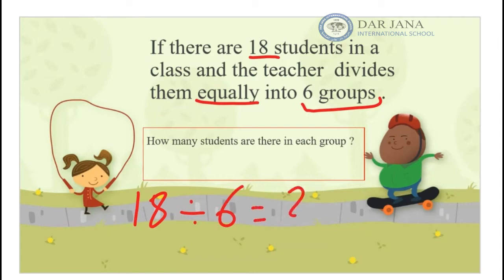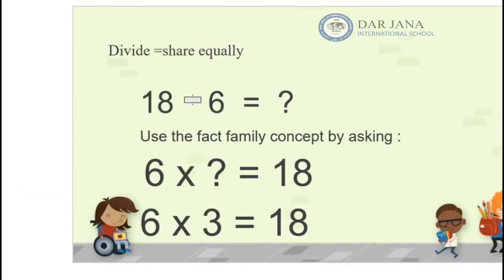This is what I'm going to find in this lesson: how I'm going to find my quotient. How am I going to solve it? Like this. I start 18 divided by 6 equals what?